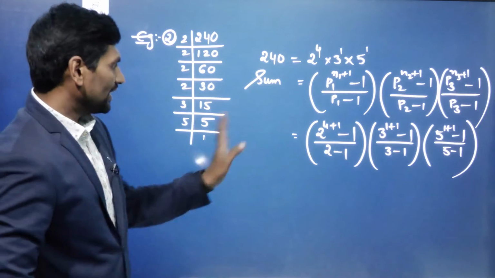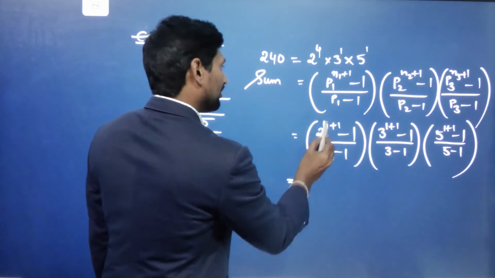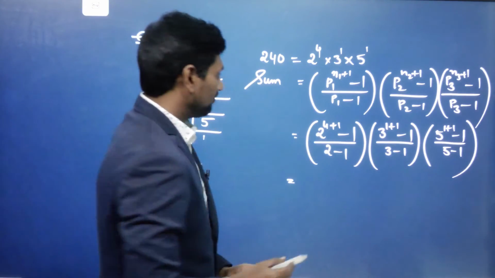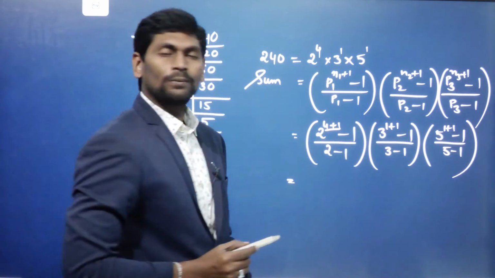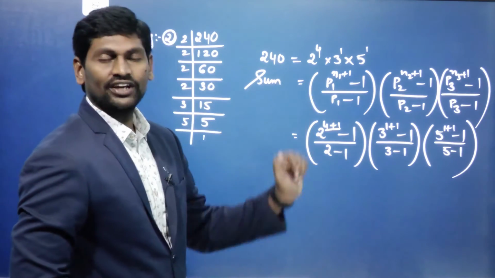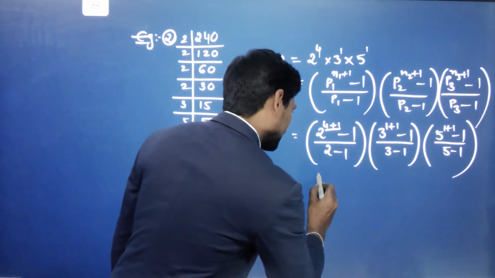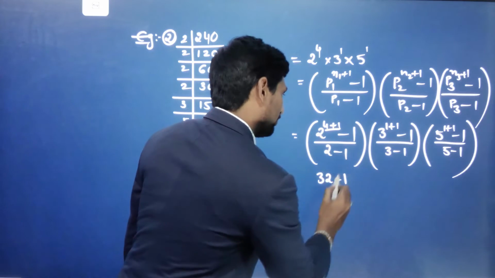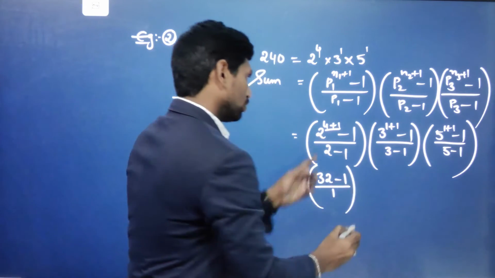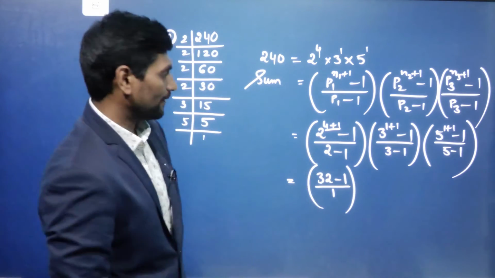Okay, let us simplify this. 2 power 5, 4 plus 1 is 5. So 2 power 5, that means 2 into 2 into 2, 5 times we need to multiply, that is 32. 32 minus 1 by 2 minus 1 is 1, the denominator is 1.